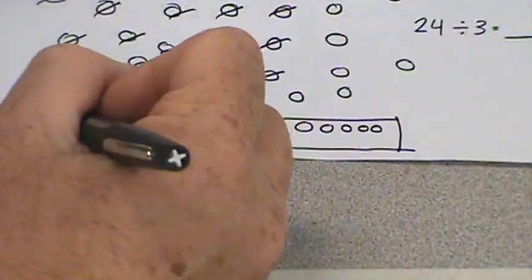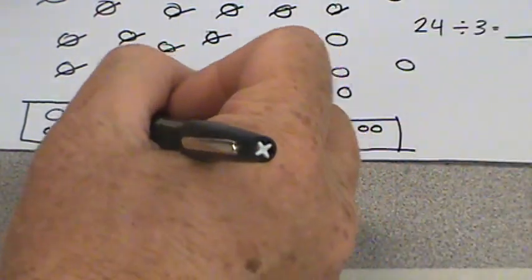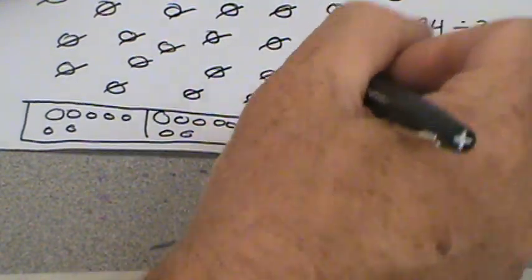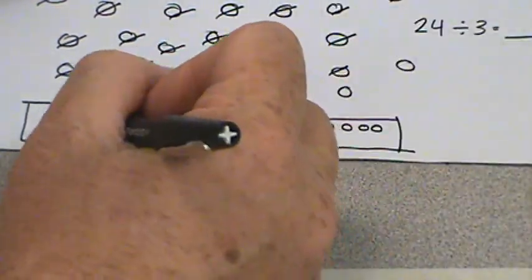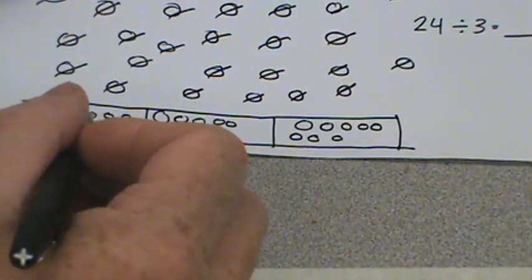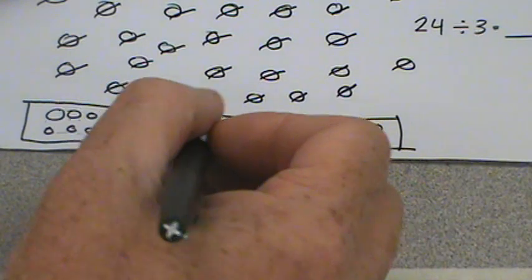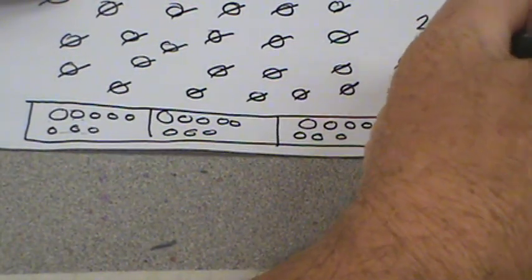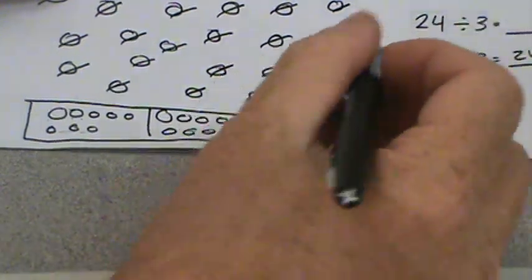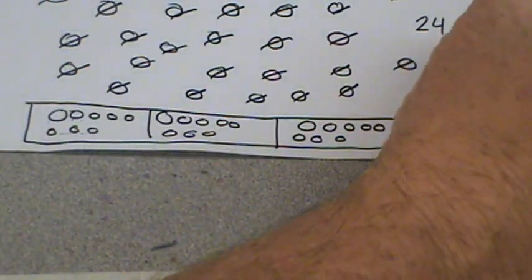I'm going to start a new row. 1, 2, 3, 4, 5, 6, 7, 8. It looks like I have 8. So 8, 16, 24. So I know that 8 times 3 equals 24, and then 24 broken into 3 equal groups must be 8.